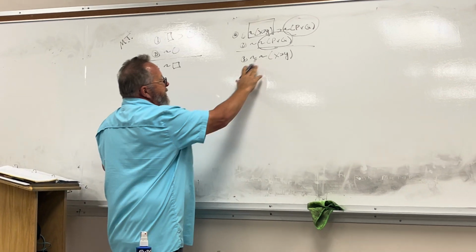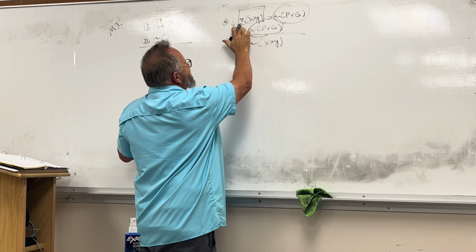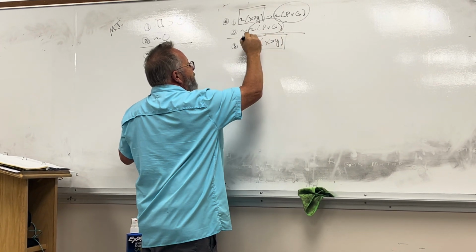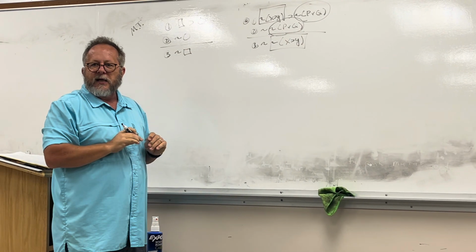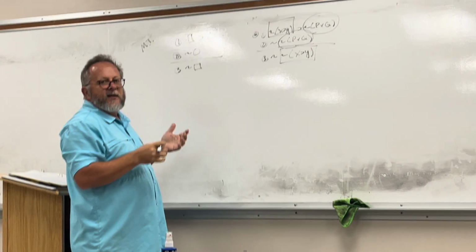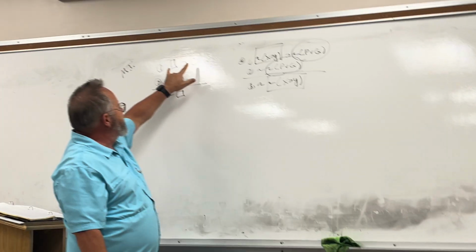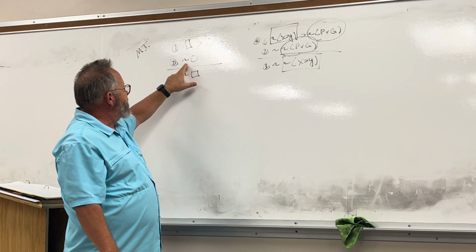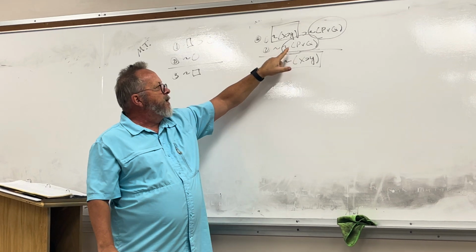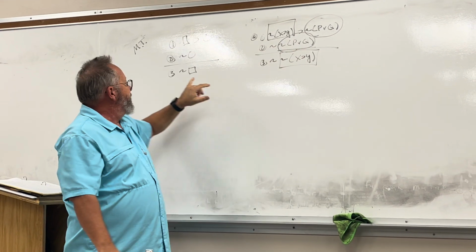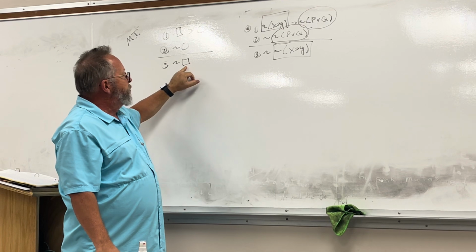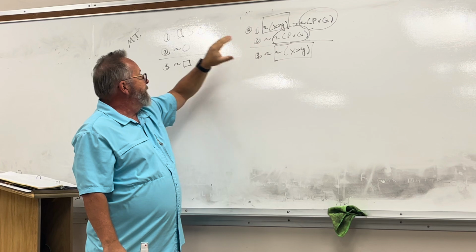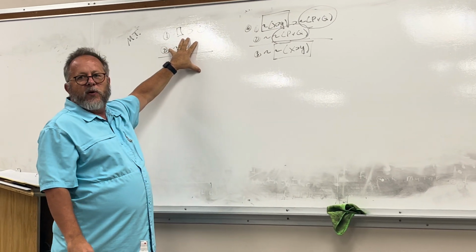Now, this thing right here, box is not X then Y. Oh, there's a not X then Y right there with the negation on the outside, okay? Now let's look and see what we have. One is supposed to be a box then circle. Yeah, we have that. Line 2 needs a not circle. Oh yeah, not circle. Everybody see that? And 3, not box. We have a not box. Okay, so A is a substitution instance of modus tollens.